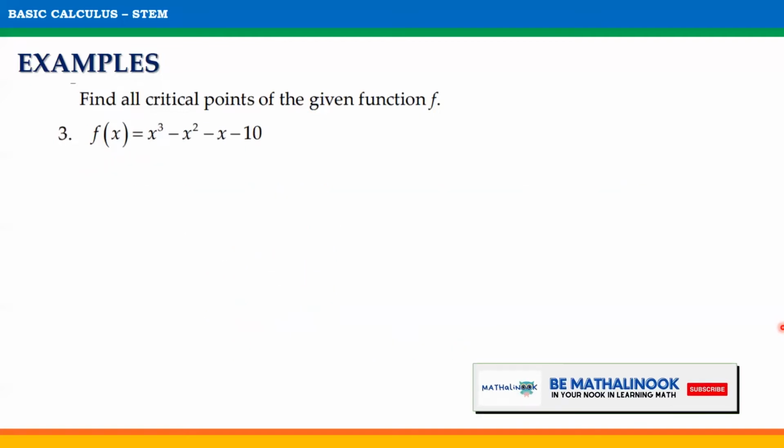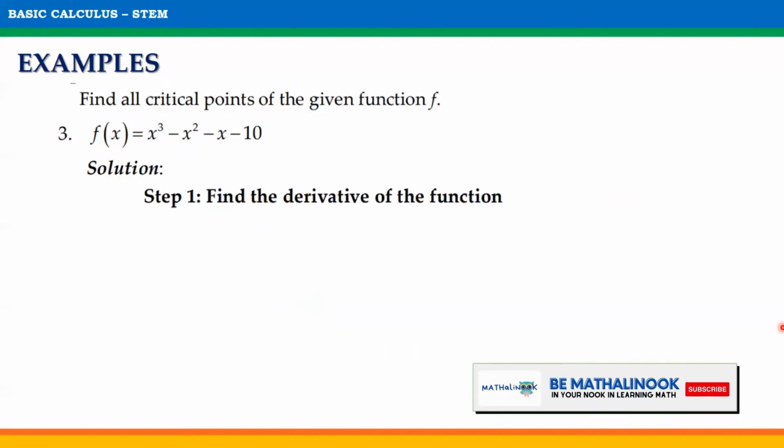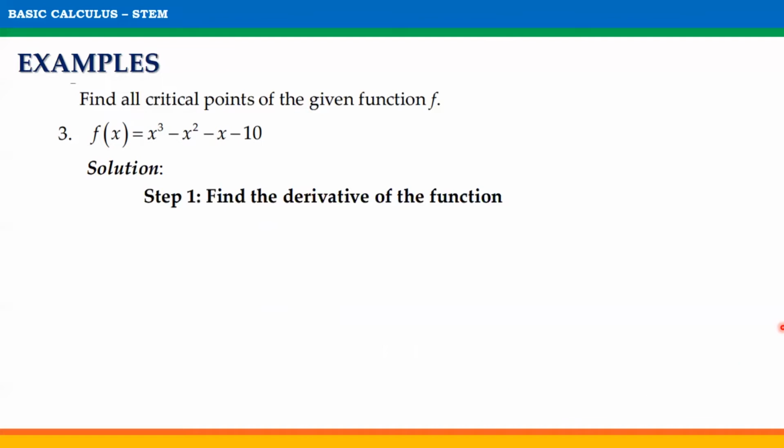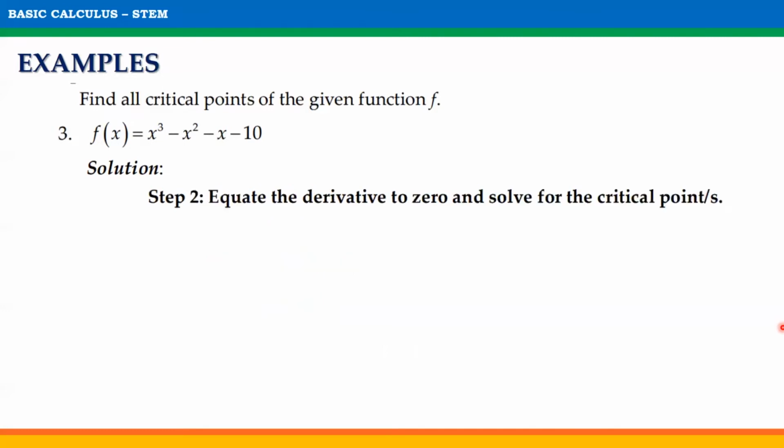Another example, f of x is equal to x cubed minus x squared minus x minus 10. Again, for the first step, find the derivative of the function. So we get f prime of x equal to 3x squared minus 2x minus 1. Step 2, equate the derivative to 0 and solve for the critical numbers.